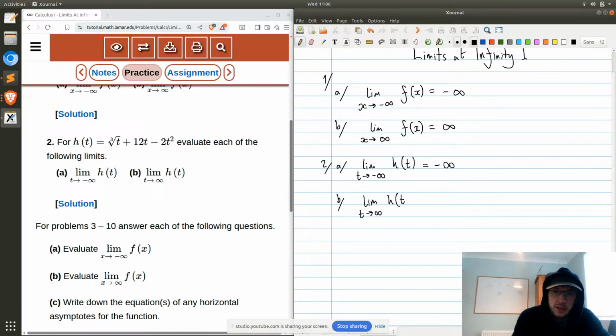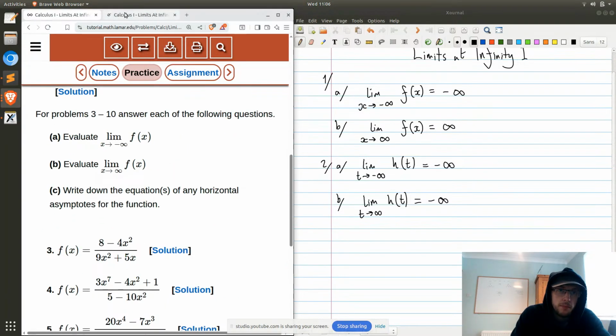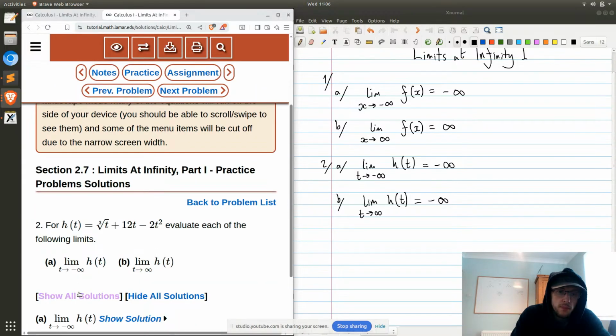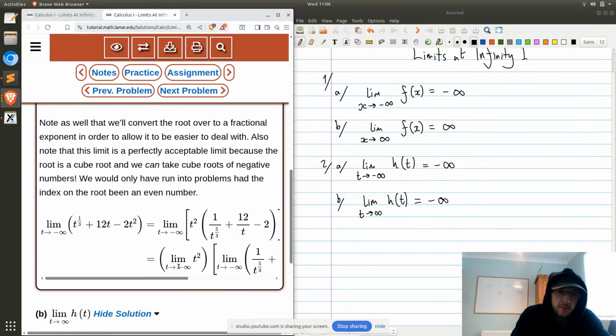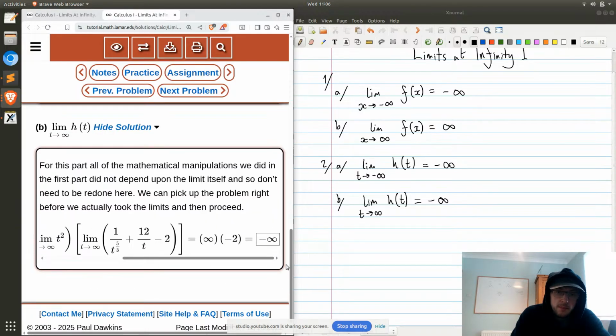The most important thing to me, though, really is that I end up with the right answer. And I believe this is the same thing. I agree. And I agree.